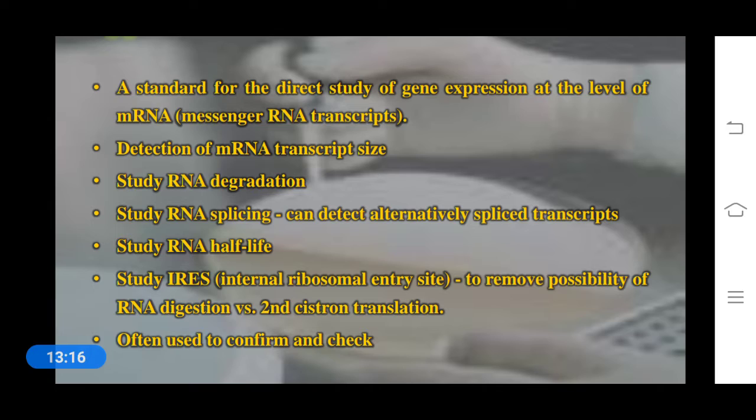RNA degradation can be studied, RNA splicing can be studied, RNA half-life can be studied, and internal ribosomal entry sites can also be studied. These are the applications of Northern blotting.